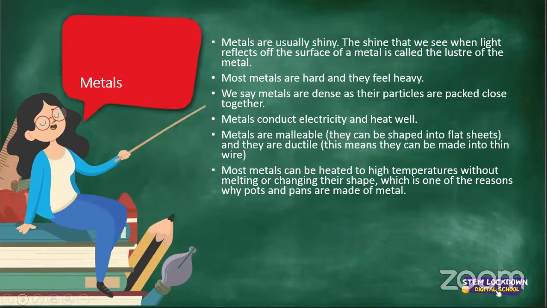Extreme high temperatures doesn't mean putting it on your stove when you're heating your food and it's going to burn. It's not that. By high temperatures, I mean it's so high that it's hotter than your stove. That's how high it has to be for it to change its shape to actually make pots and pans and things like that.